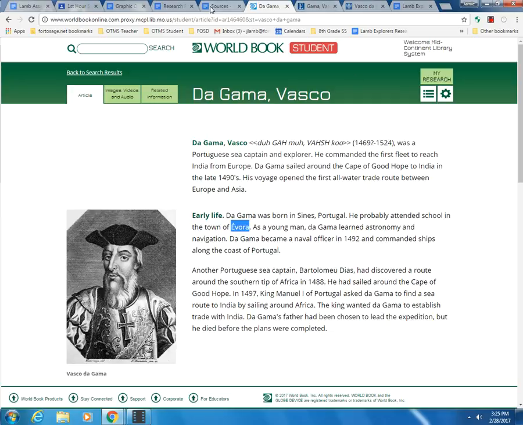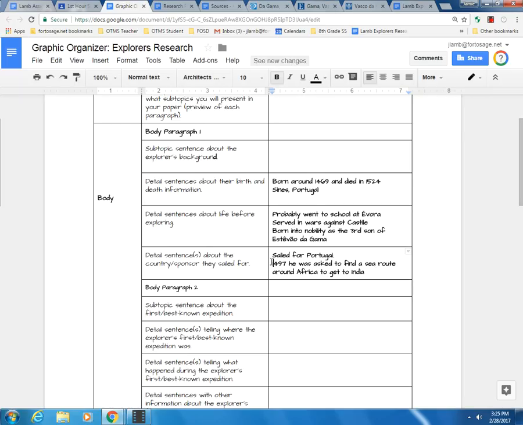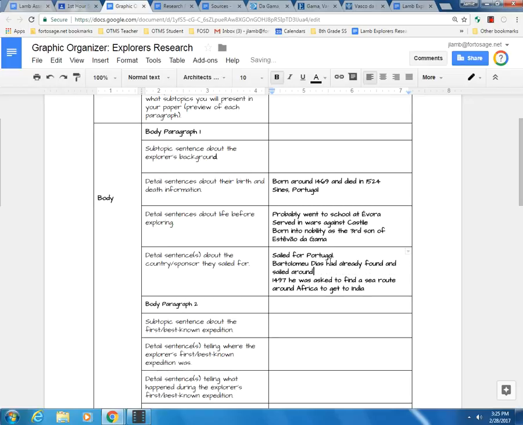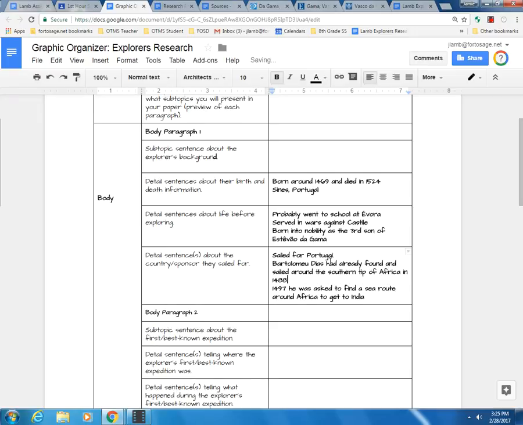And so, you might even put Bartolome Diaz had already found and sailed around the southern tip of Africa in 1488. So like that happened before your explorer da Gama has found or been asked to find a specific route to get all the way to India to trade.